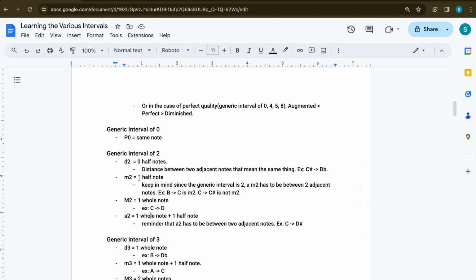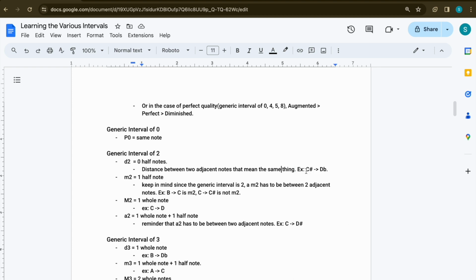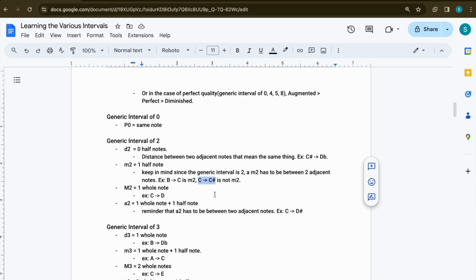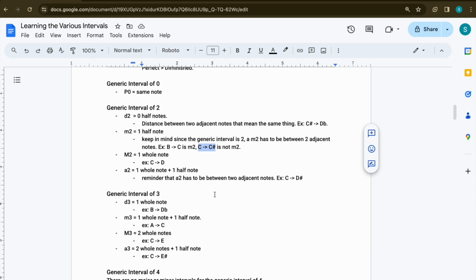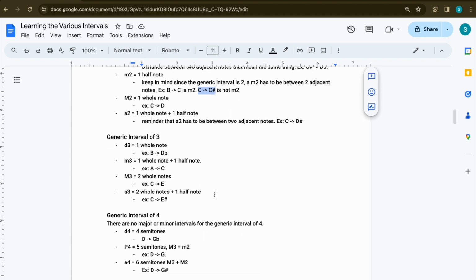You can see how many half steps or whole steps there are for each of these things. There's some examples, so you can see that a minor second is between B and C, but then it would not be a minor second between C and C sharp. So just trying to explain every single detail because there are a lot of things to keep track of here.